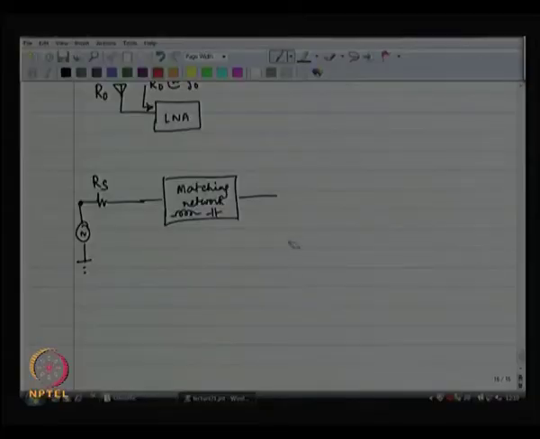Now, our load over here, what are you trying to drive over here? What we are trying to drive is the gate of a MOSFET, probably the gate of a MOSFET. What does the gate of a MOSFET look like? It looks like a capacitor. Is there any resistance? There is probably some gate resistance, you are right, there is probably some little bit of gate resistance associated with the polysilicon, right.